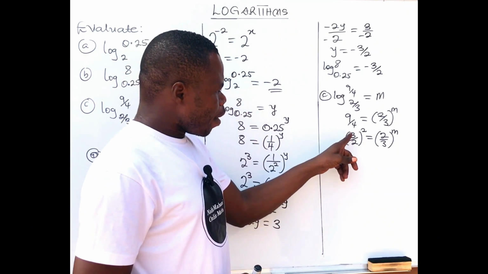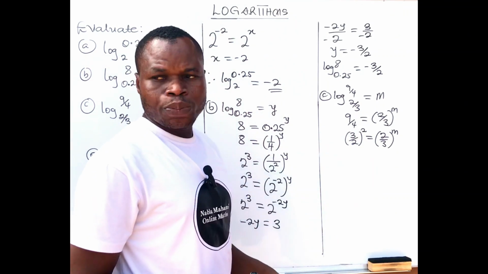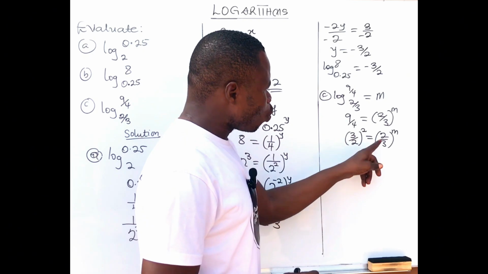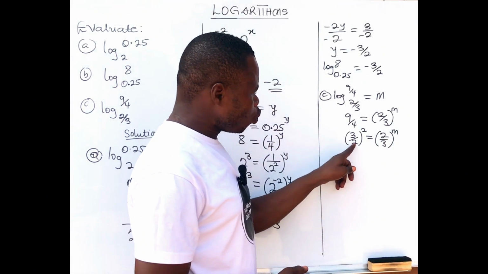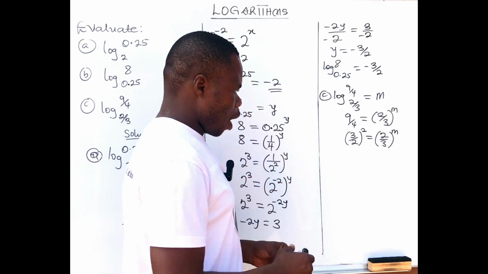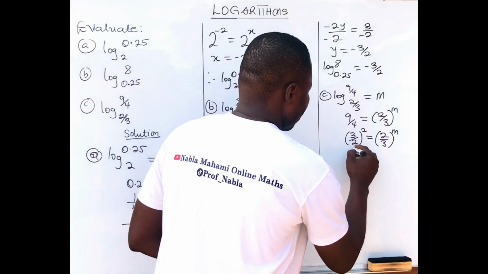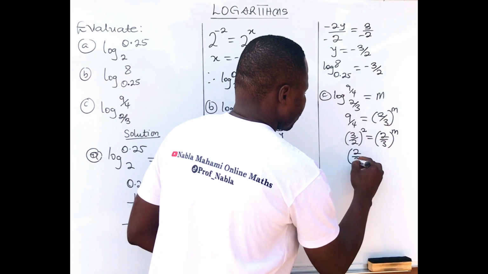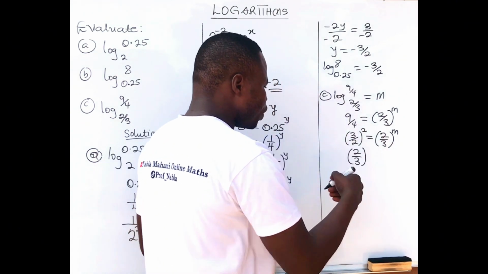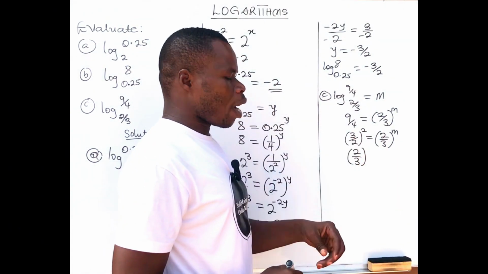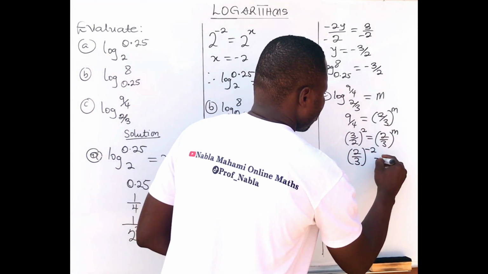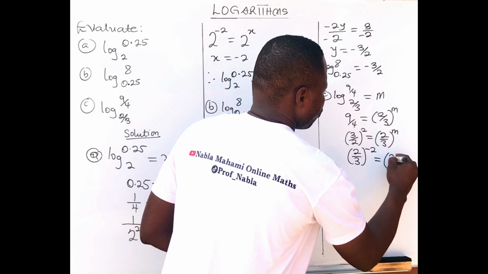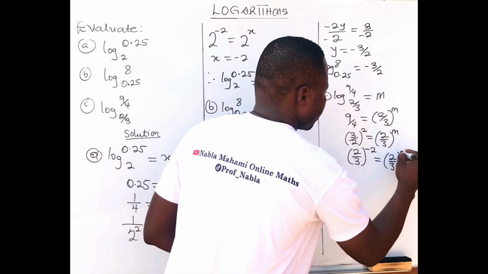And you see that here, I have 3 over 2, and the power is positive 2. But I want this one to look like 2 over 3, meaning I'll have to send 2 to the top and send 3 down. I'm taking their reciprocal. So here will be 2 over 3, and since I'm changing their positions, this particular power will now be negative. And this will be minus 2, which is equal to 2 over 3 all exponent m.